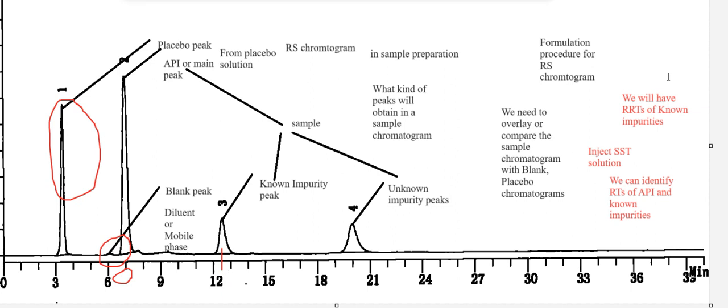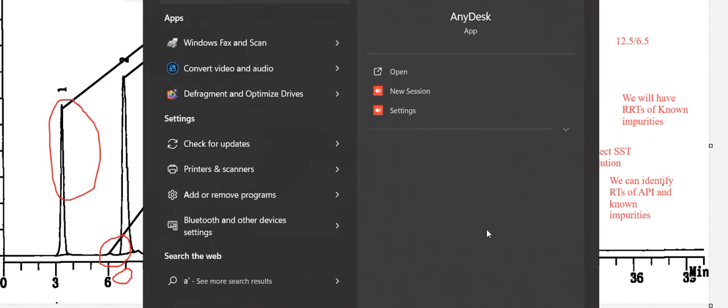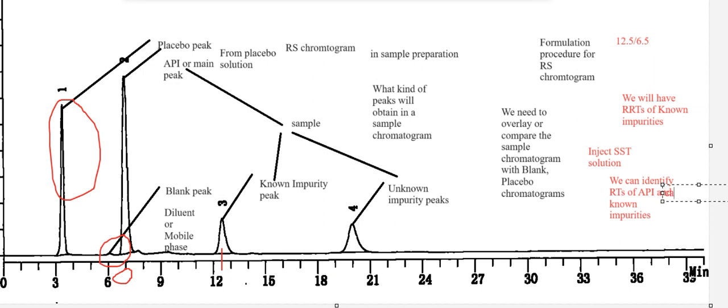By applying the formula, the impurity or unknown peak RT, 12.5, divided by the main peak RT, 6.5, gives the RRT of that peak.